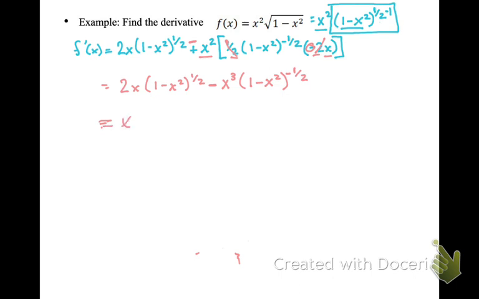And then I want to factor out 1 minus x squared to the negative 1/2. Because I need that negative 1/2 out of there so I can move it to the denominator, right?